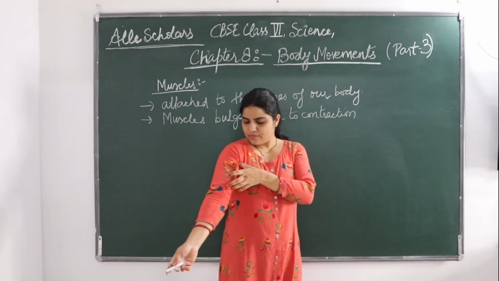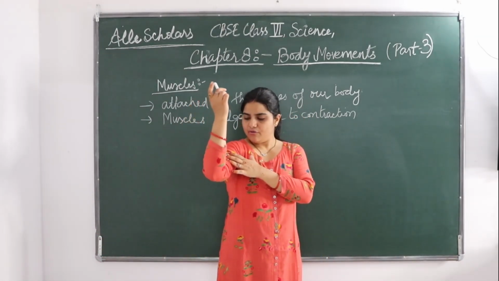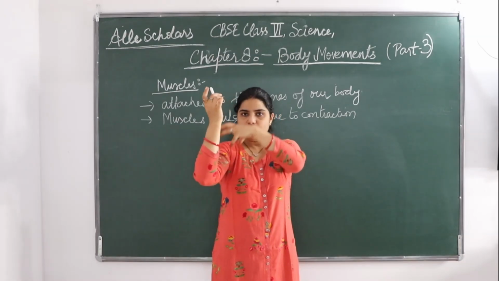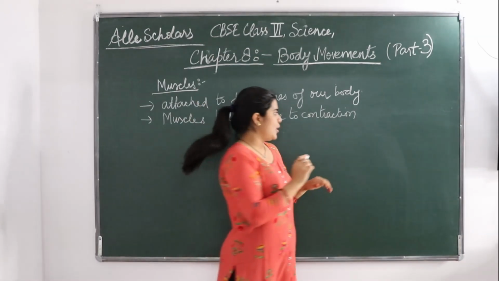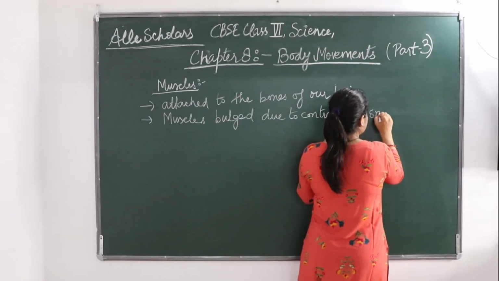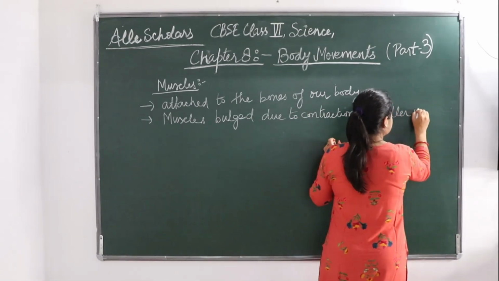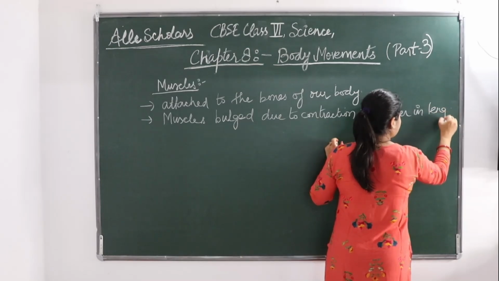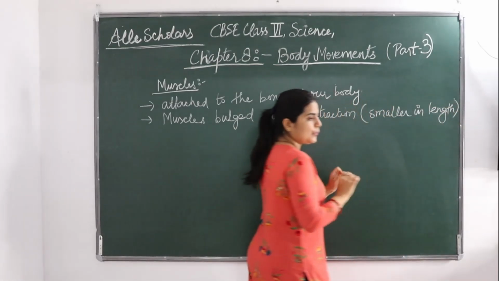Like this, you will see that the muscle is this much long. If you contract it, it is going to bulge and it is going to be small. So it gets smaller in length.